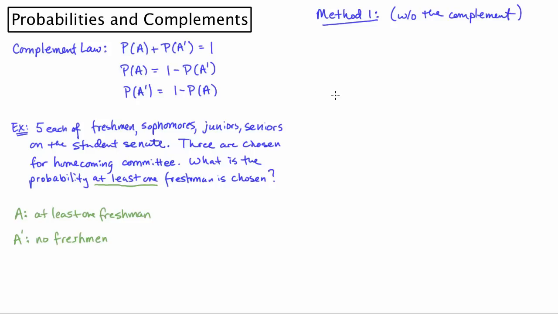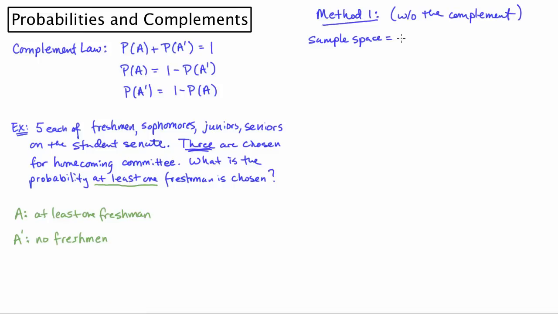Alright, if we were asked to do the problem this way, there's a couple of things that we would need to start off by doing. The first is we would need to figure out the sample space. The sample space for this particular problem is a function of the fact that we're choosing a 3-member subcommittee.